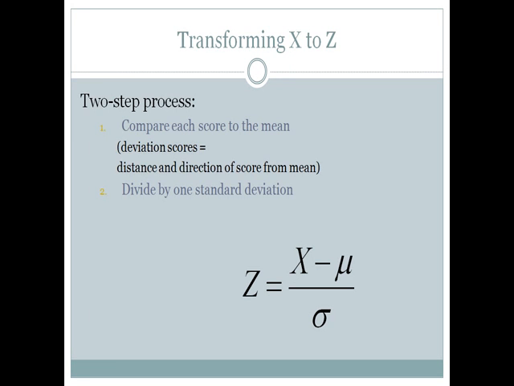The examples we've seen in previous slides using distributions were examples of that, where this formula was applied to every score in a distribution to turn it from a raw score distribution to a z-score distribution.